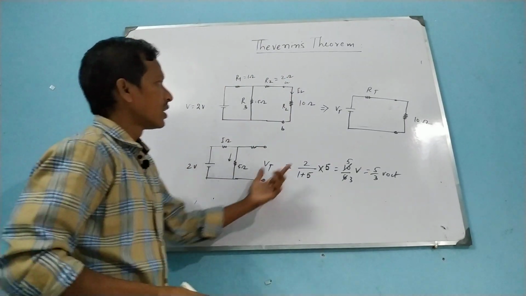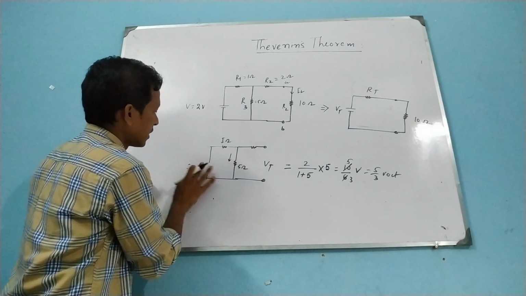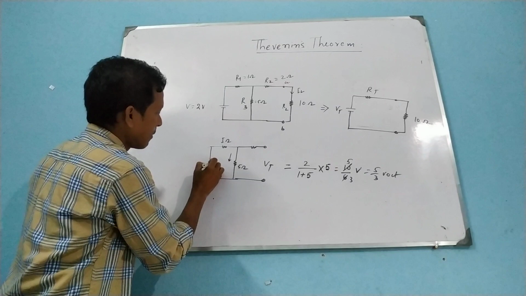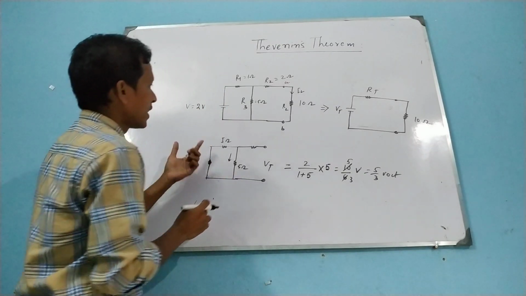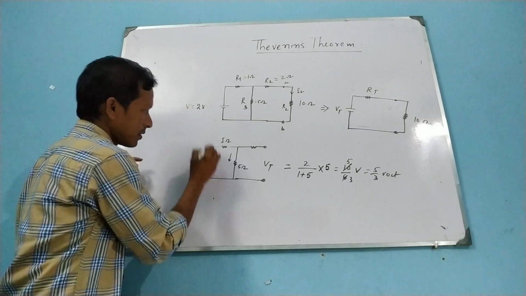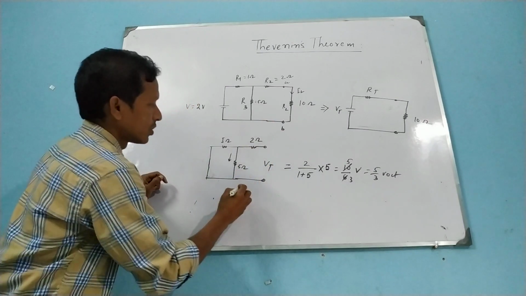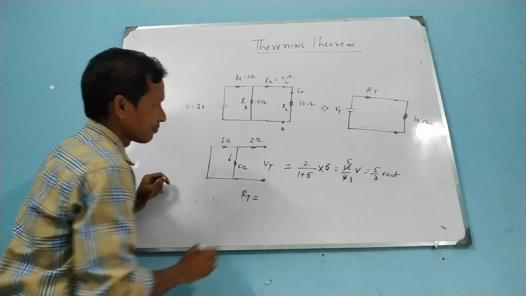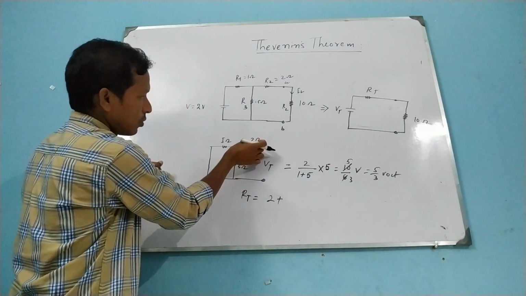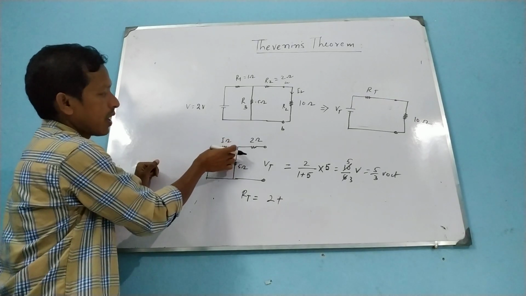Okay. Now I will calculate Thevenin's resistance. For the calculation of the Thevenin's resistance, we have to replace the voltage source by its internal resistance, but this is the ideal voltage source, so it will be short. Here 2 ohm. So R2 equal to 2 plus 2 remaining in series with the parallel combination of 1 and 5.